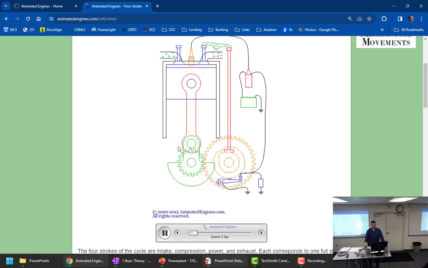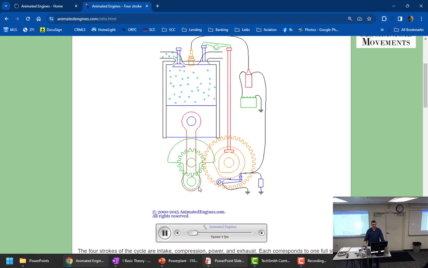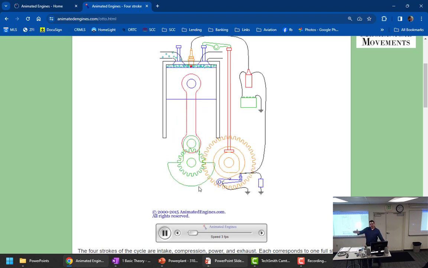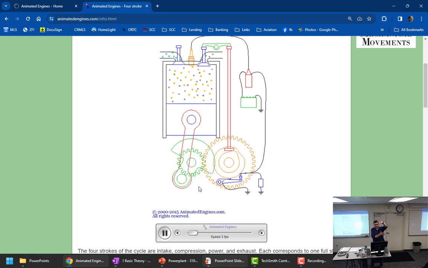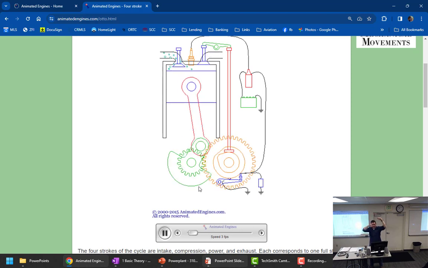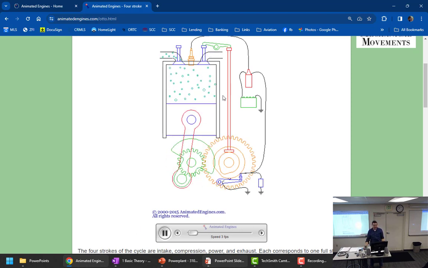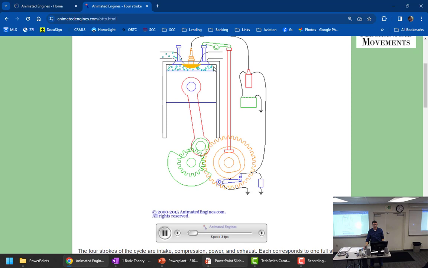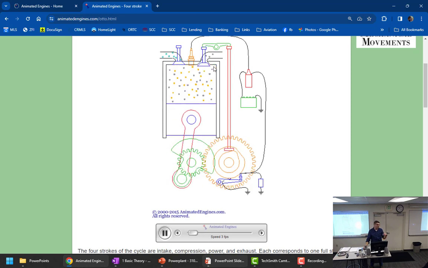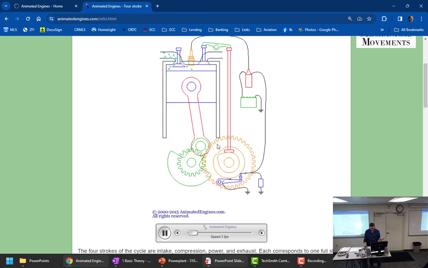But when it gets to the upper or lower, most of its travel is sideways, which doesn't affect the piston a whole lot. So it moves very fast through the middle. It has to slow down, come to a complete stop, and reverse direction at the top and the bottom.